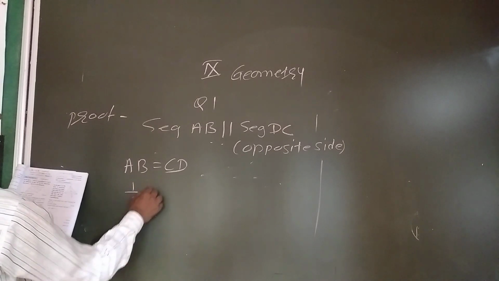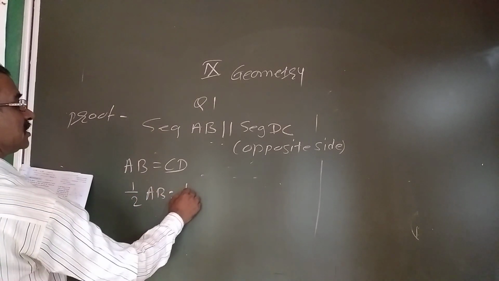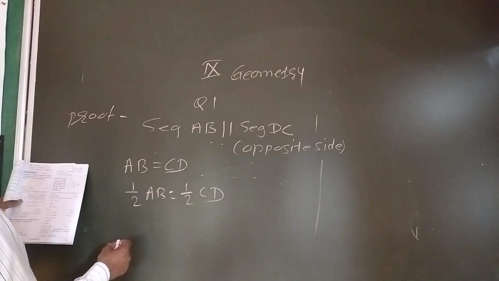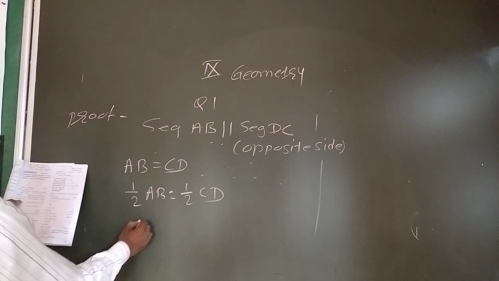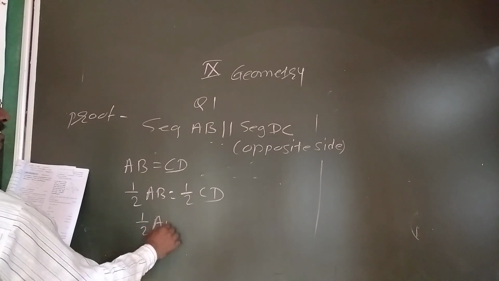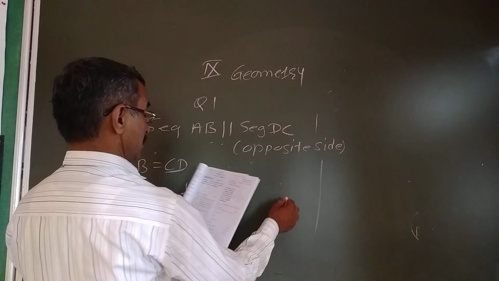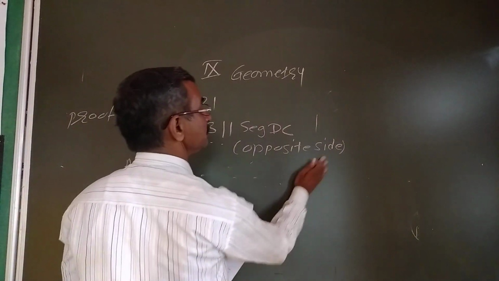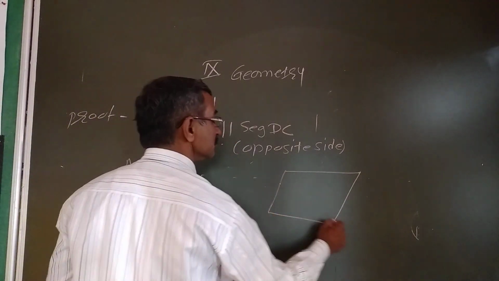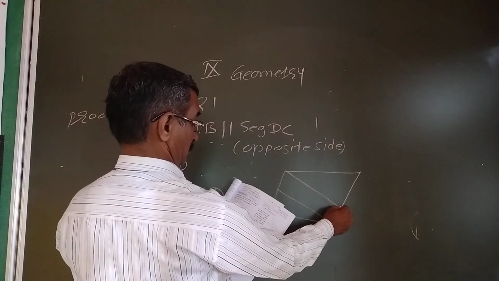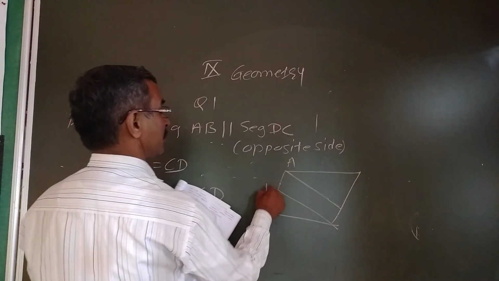Therefore, we are taking the half of both sides. So, half of AB is equal to half of CD, as per the given diagram. This is our diagram.